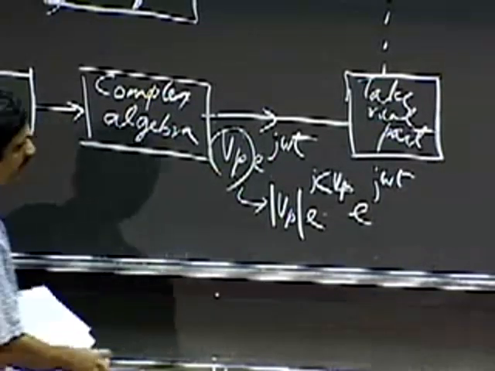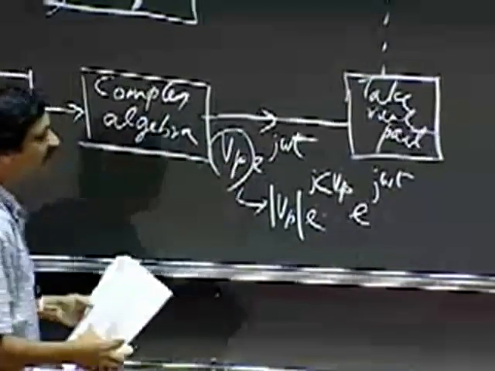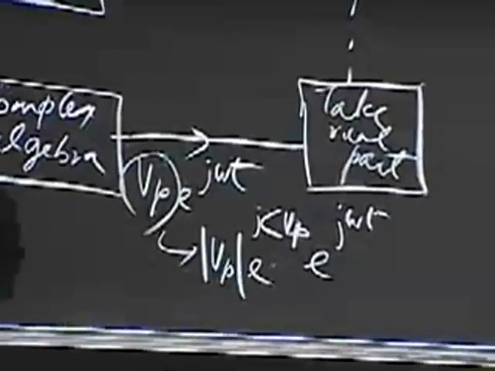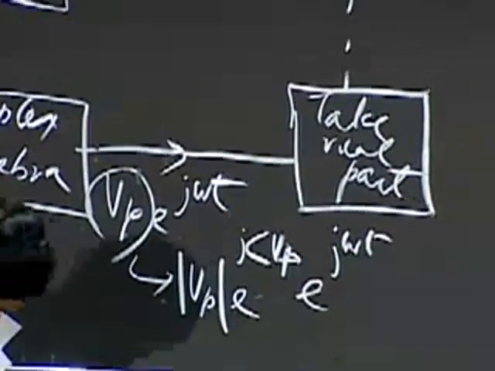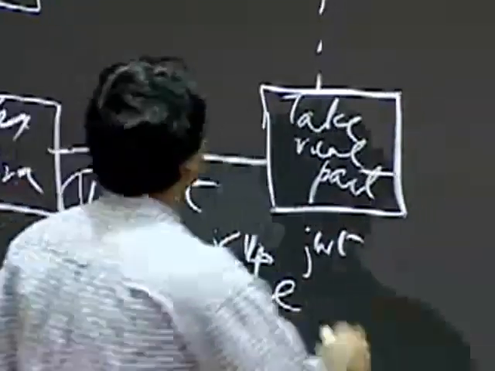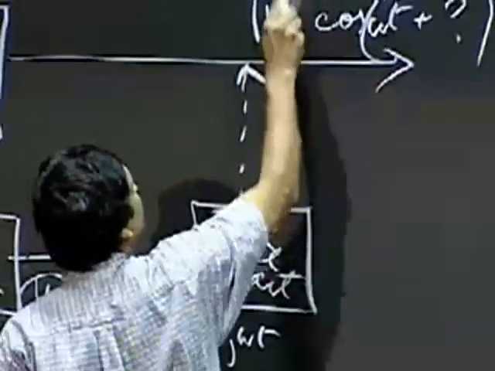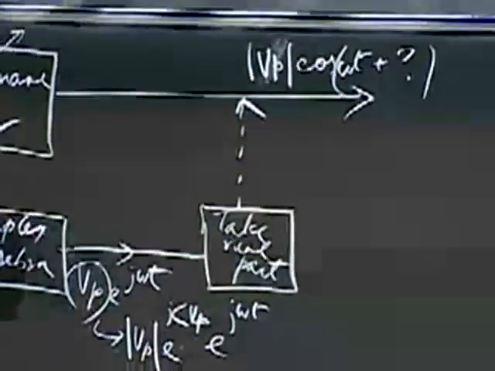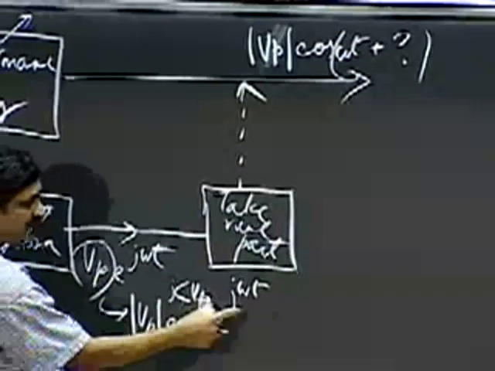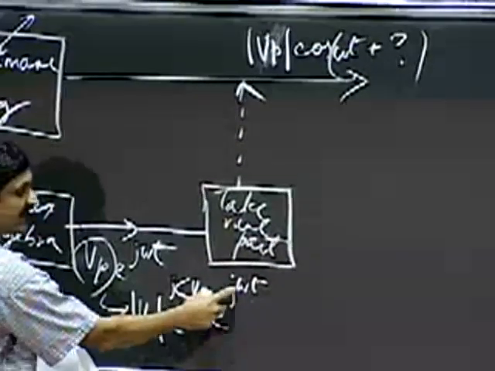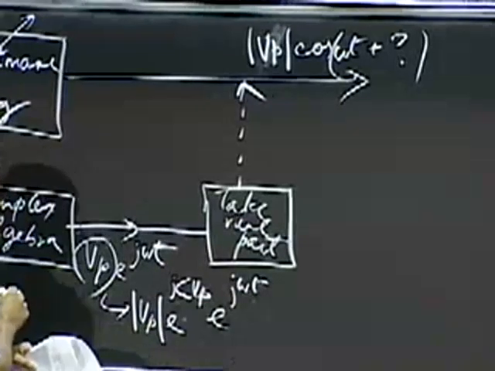And then what I could do here is take the real part of that, and when I took the real part of that, what came about was that this was simply |Vp|. Okay, notice that the angle Vp goes in here, so it becomes j times omega t plus angle Vp.